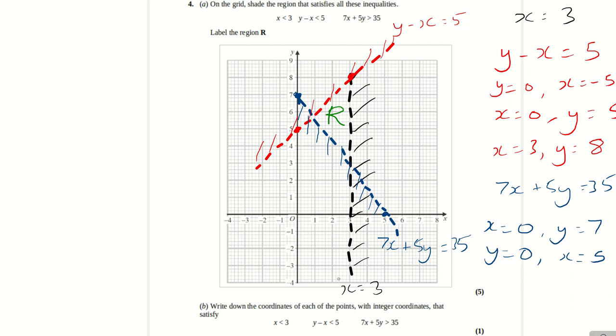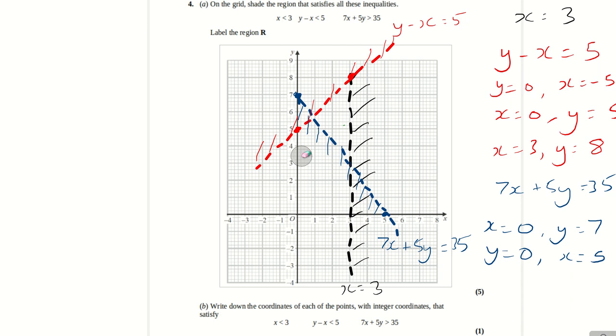What it means is the points within our region R that have integer coordinates. So I think what it's doing is it's testing whether you realise that points that are on the dashed line are not included. What I'm going to do, I'm going to rub out the R in the middle there so we can see a bit easier. Okay, so there's the R rubbed out.